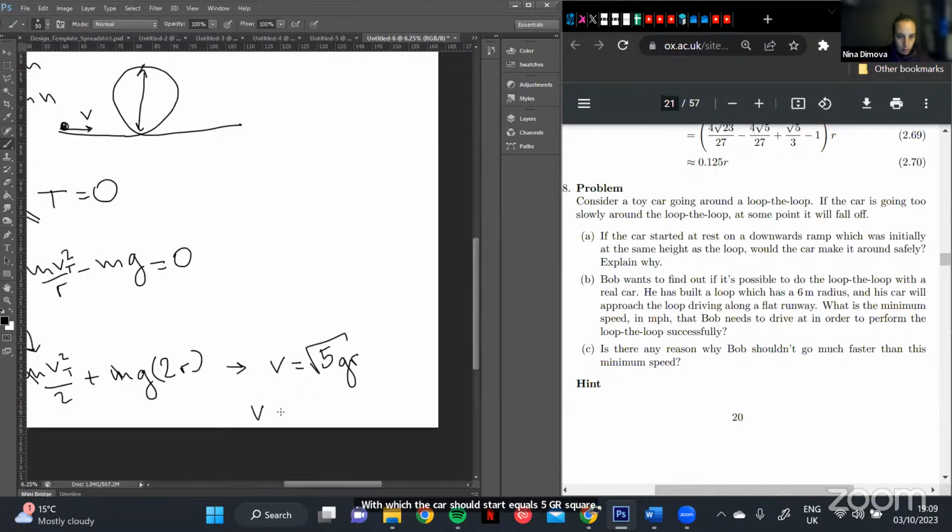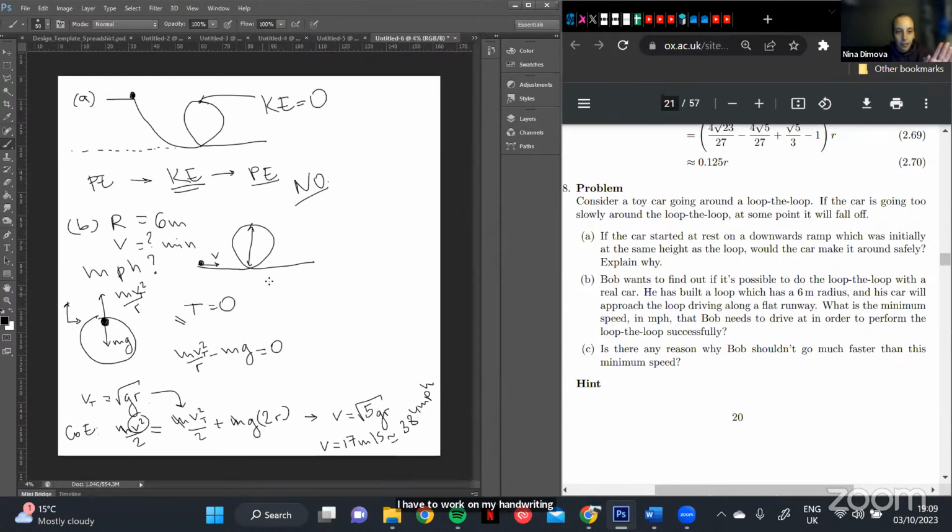And if you plug in the numbers, this is 17 meters per second, which is about 38.4 miles per hour. I have to work on my handwriting.